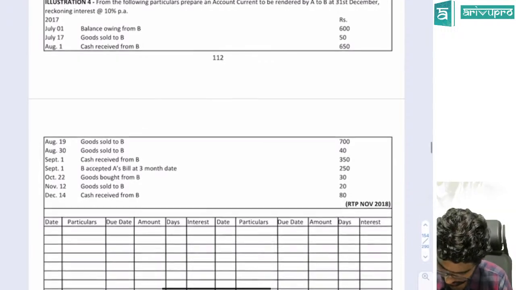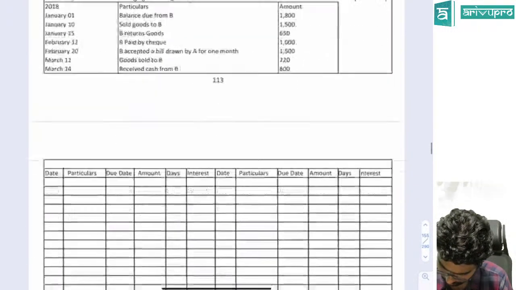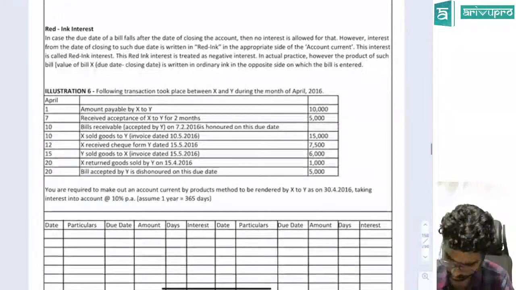This question also, there's nothing, so okay.